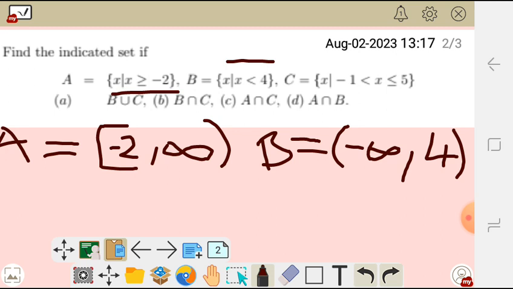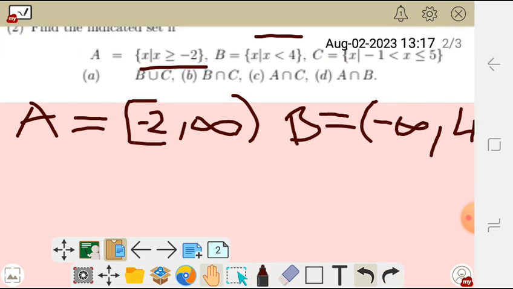But before that, let's also write set C in terms of intervals. C includes all the numbers between -1 and 5, including 5 itself.